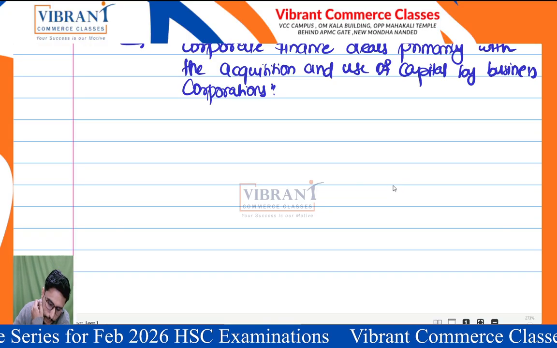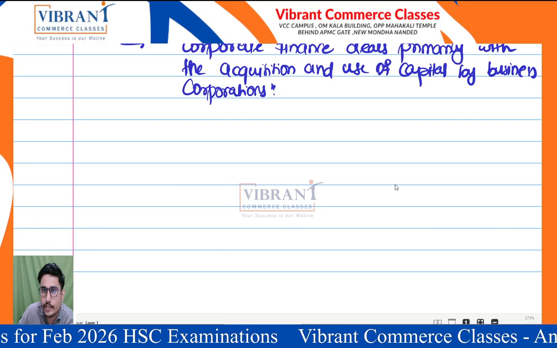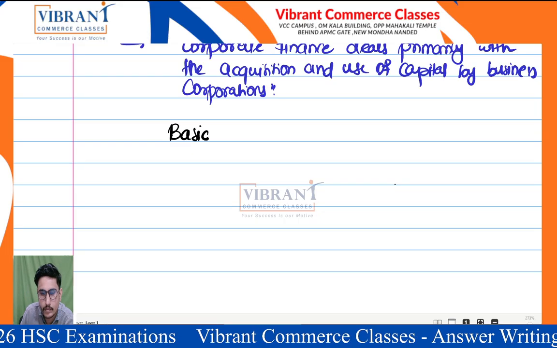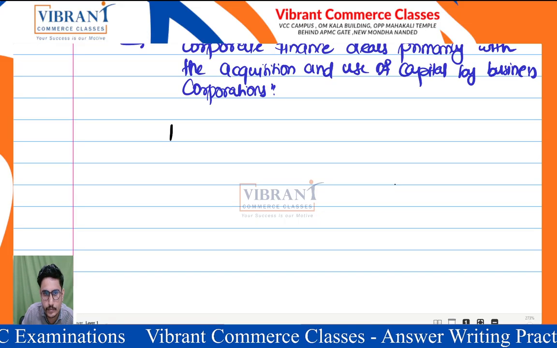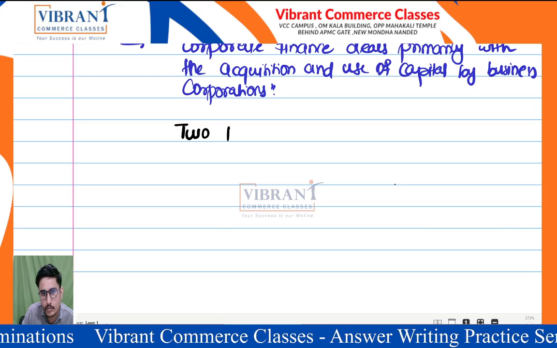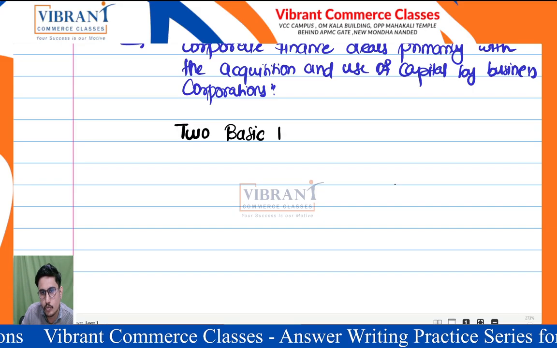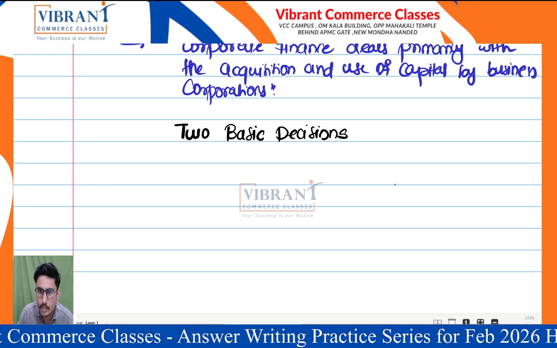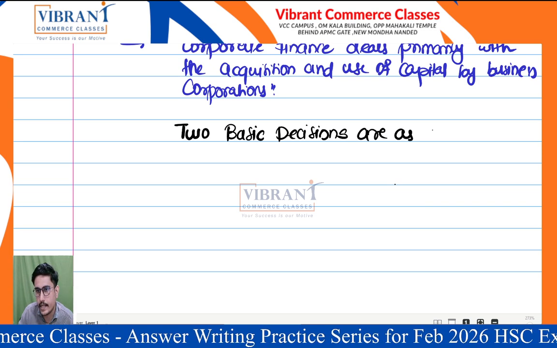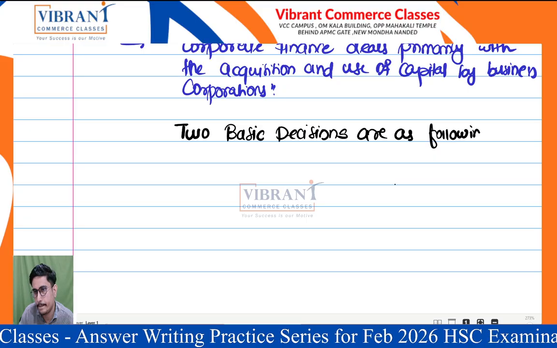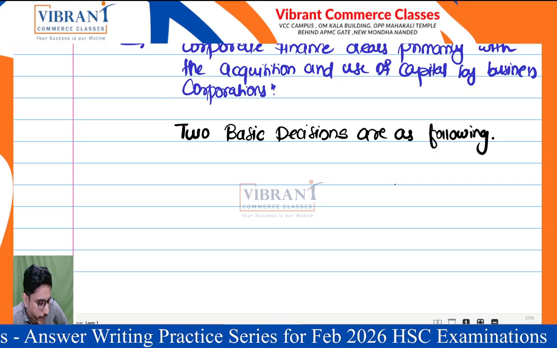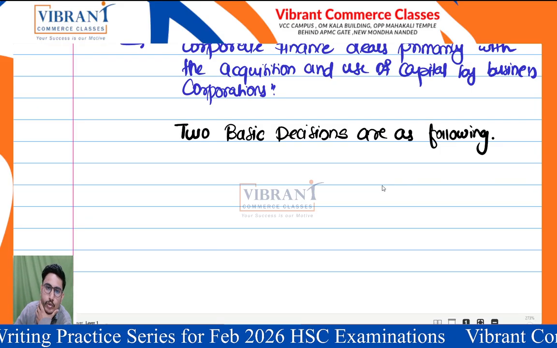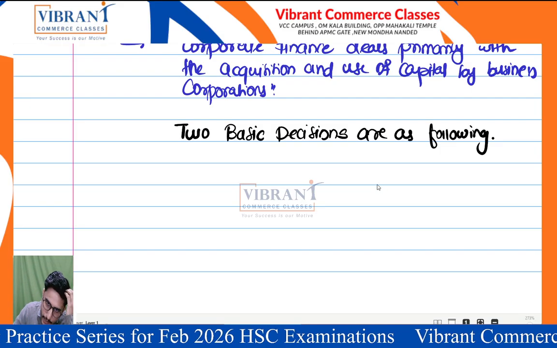Now moving on to the two basic decisions. You can write two basic decisions are as follows. I am using these different colors for your better understanding. In board examinations, you should not use two pens together.